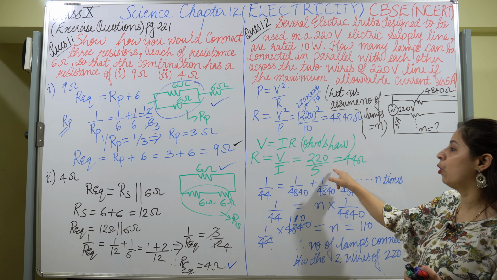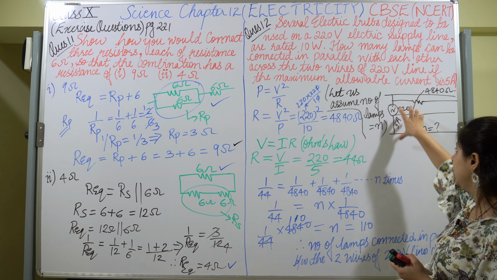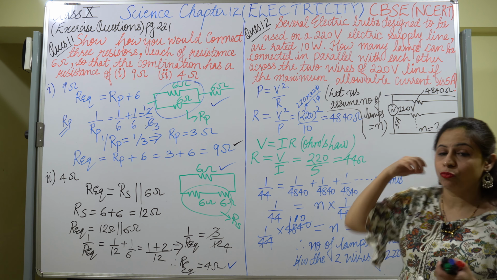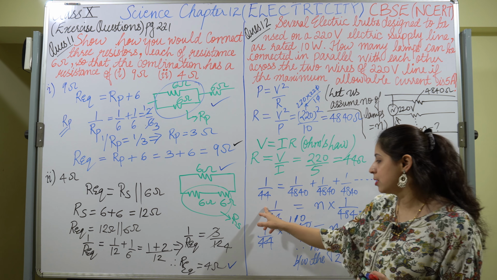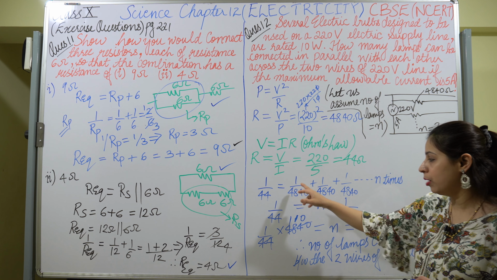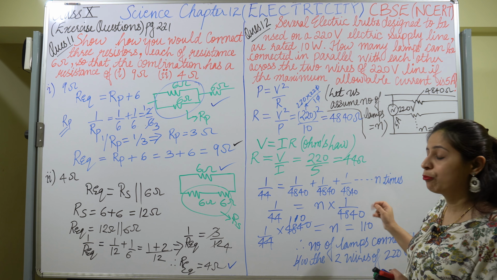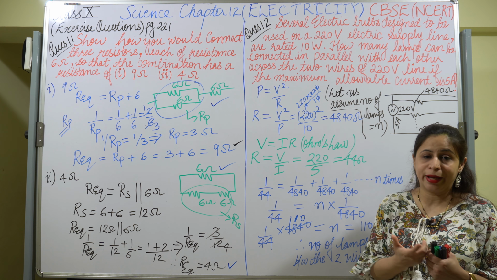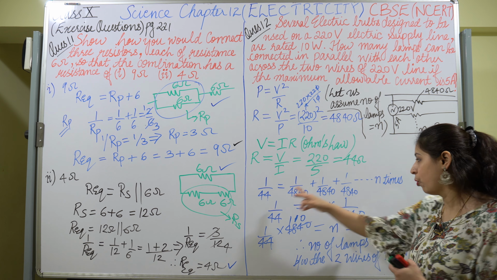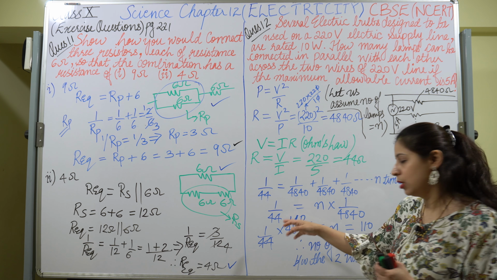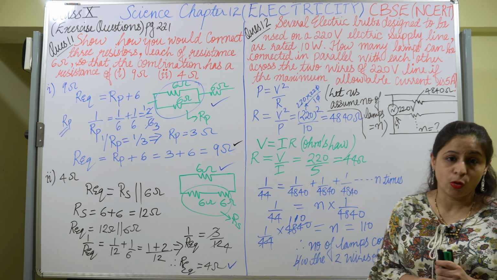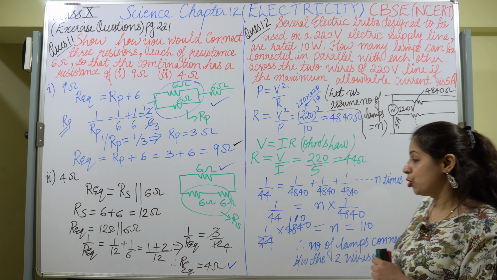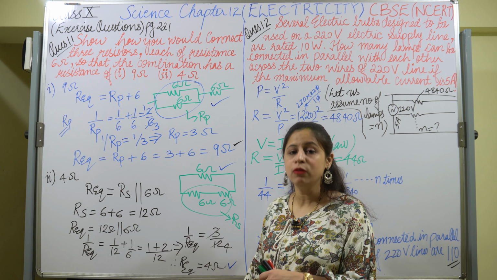Then by Ohm's law we found the equivalent resistance. The equivalent resistance is 1 upon 4840 plus this up to n times, because we need to find n. Then we calculated it and n came out to be 110. In this manner, we need to solve such questions.